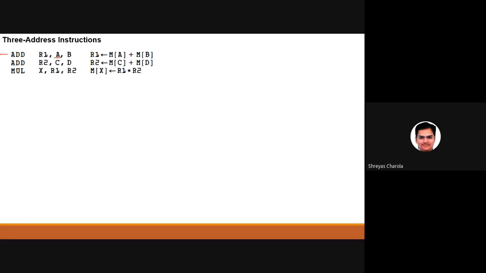The memory locations of A and B, that means 10 and 20, will be added and stored to R1. C and D, the memory locations are added, stored into R2. Then the multiplication, so MUL R2, R1, answer stored into X. That is the memory location X. Okay, clear all of you? Same way you need to write for 2 and 1. All of you write it down. Try by yourself, use pen and paper to solve the problem. All of you.